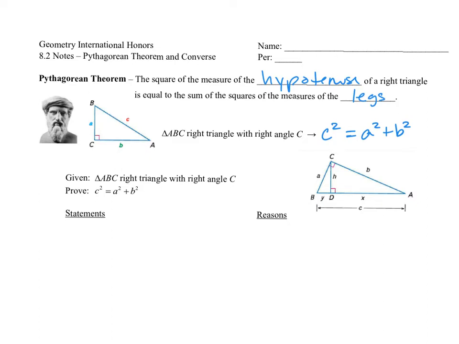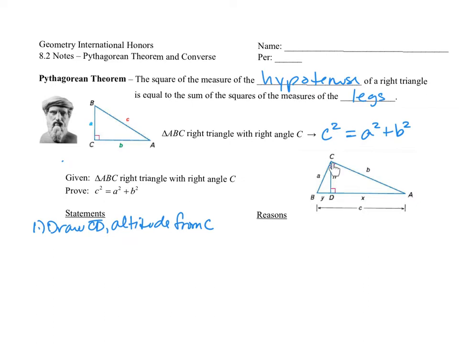Let's start this proof by stating that we have an altitude. In case that altitude weren't already there, let's draw segment CD, which is the altitude from C. Now, what justifies that altitudes exist?